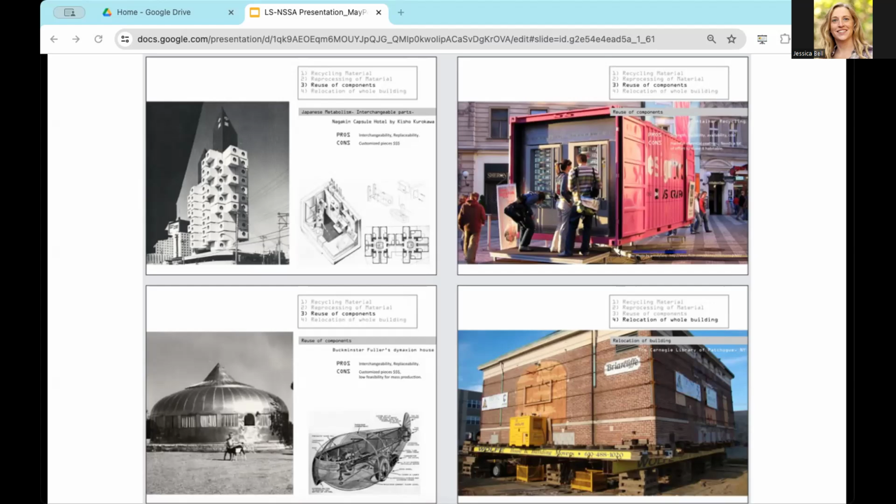Also, with container boxes, in order to revert them into something that you can occupy, more energy goes into reverting them. And so it could be more environmentally harmful than friendly.